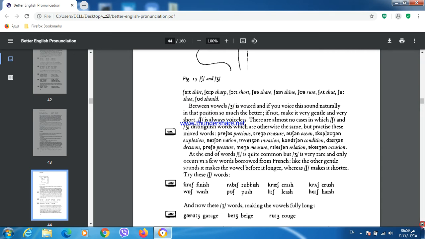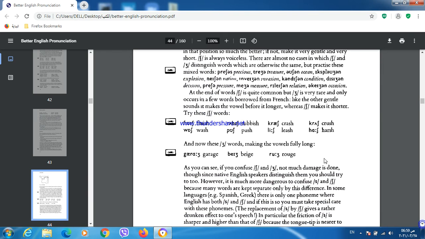And now these j words making the vowel fully long. والآن عندي كلمات بها ج preceded by a vowel اجعل الصوت طويل. عندي garage, beige, rouge.